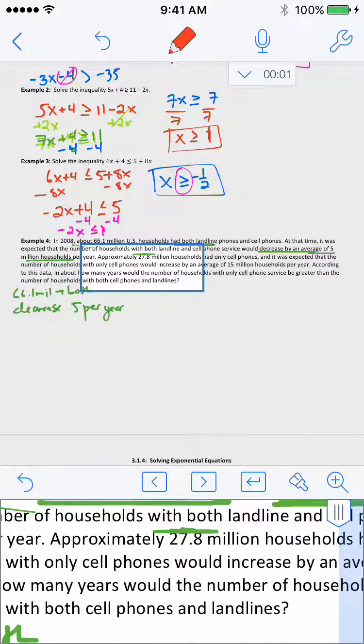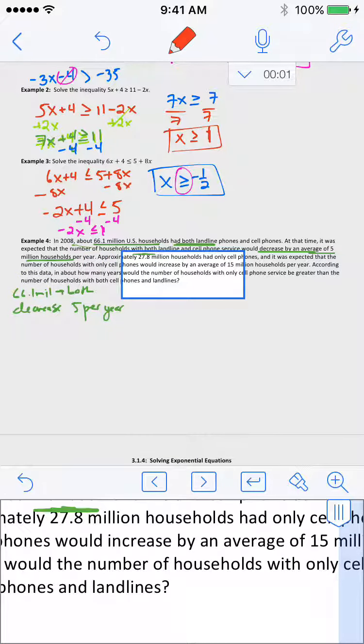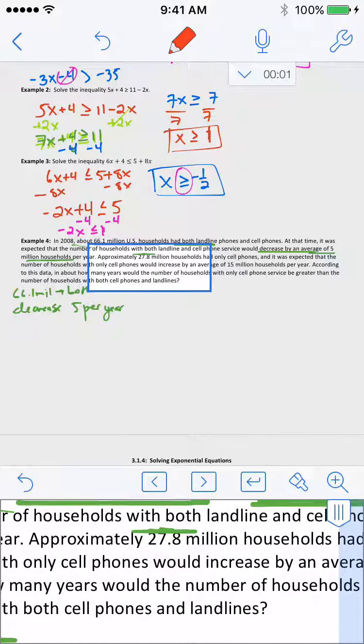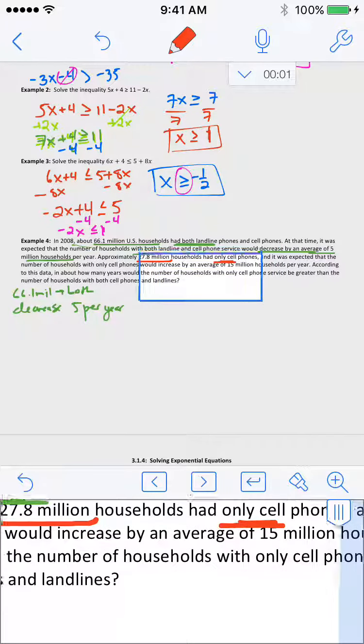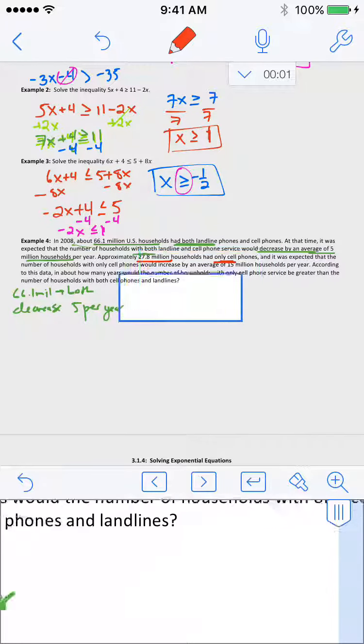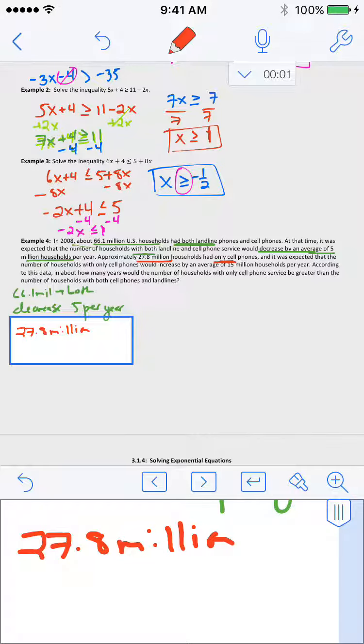Very similar thing going on here with the number of households that had only cell phones. Approximately 27.8 million had only cell, so let's write that down. 27.8 million had only cell, I said 2.78, my apologies.